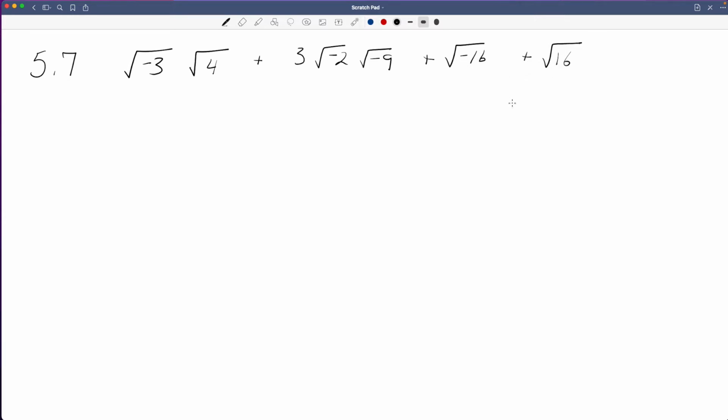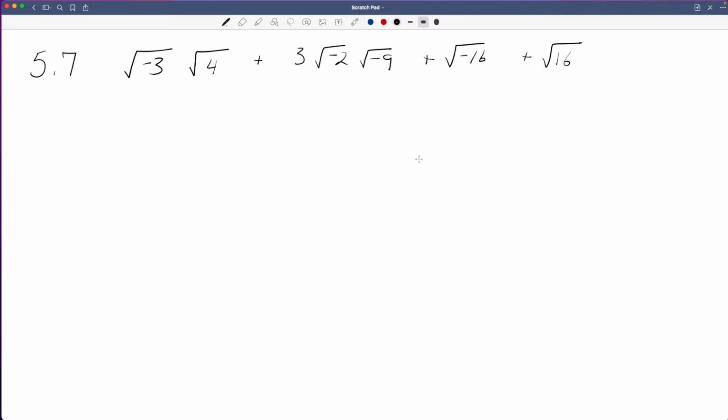Let's look at 5.7. Let's simplify the square root of -3 times the square root of 4 plus 3 times the square root of -2 times the square root of -9 plus the square root of -16 plus the square root of 16.